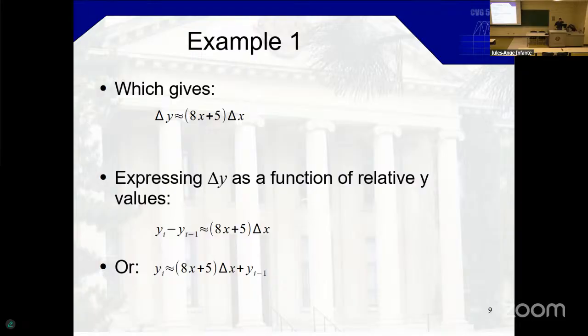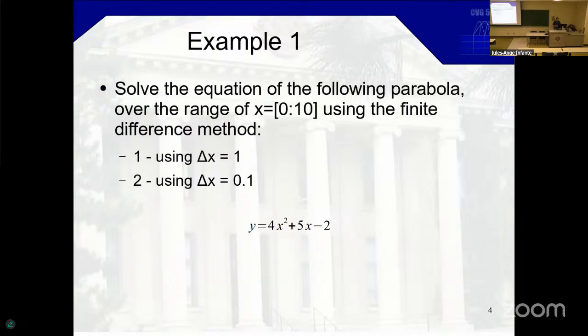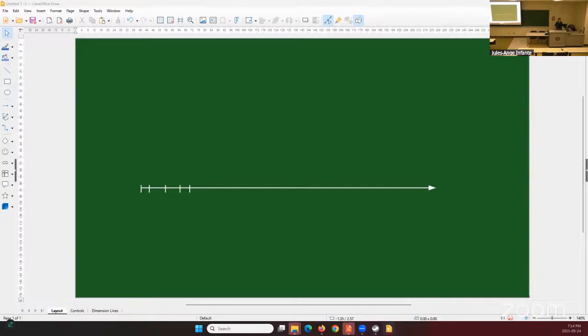So let's go back to the initial equation. Let's see, we have 4x² plus 5x. Let us start a spreadsheet based on that.